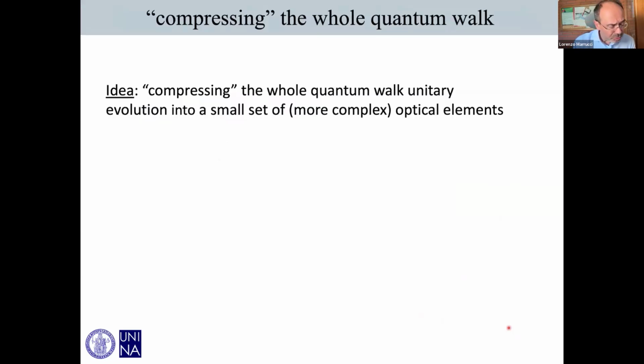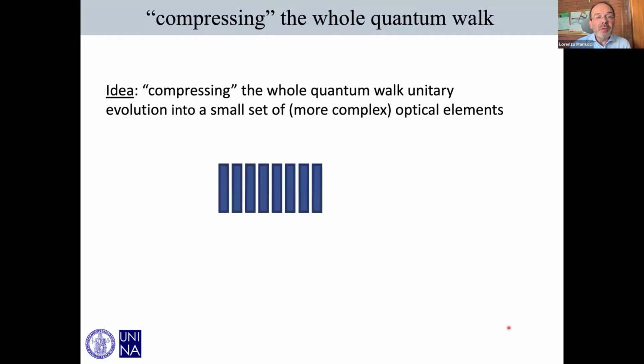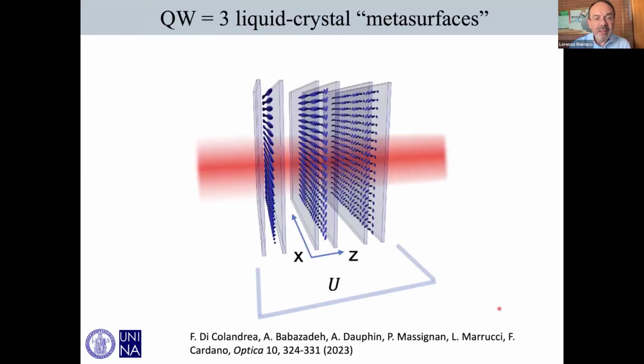So what we did is to work on compressing the quantum walk that I described to you, so that it could be done using only few optical elements. In principle, we found a way to compress an arbitrary number of optical elements used to implement, for example, a given quantum walk into only one set with 3 optical elements.